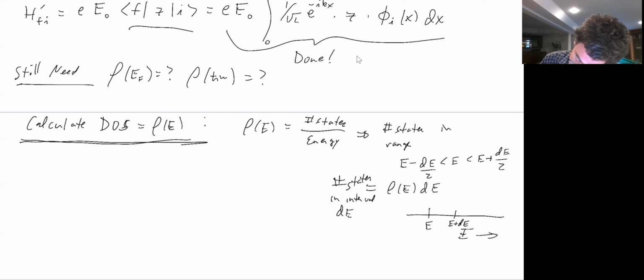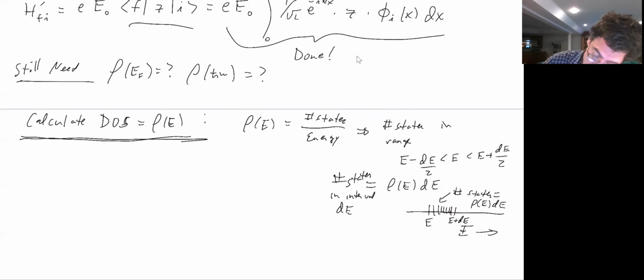So how many states are here? The number of states is equal to the density of states times dE. So that's the definition.